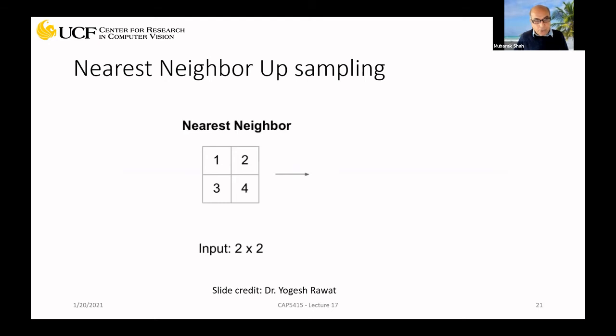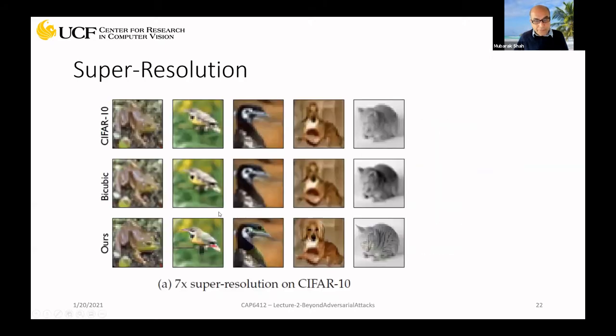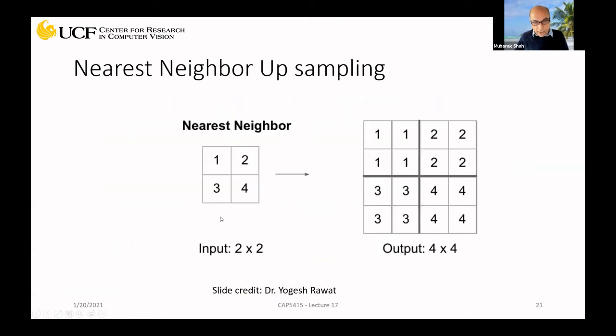So let's say we have a 2x2 image and we want to get a 4x4 image. What we do is we just take 1 pixel and map it to 2x2. So this was 1, so all become 1. This was 2, all 4 pixels become 2, and so on. That's called nearest neighbor.